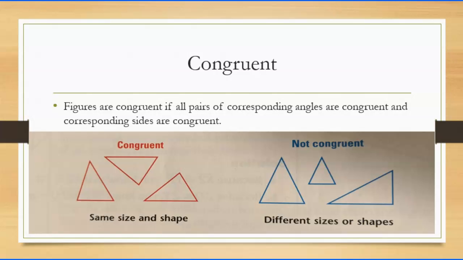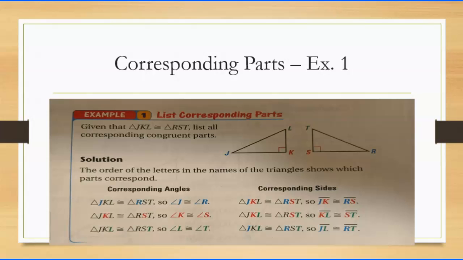Now, if you look down at the bottom of that page, example number 1, I've included it in the PowerPoint. Here's where I want to point out a first very important rule, because from now on the way that you name your triangles is going to be important. You can't just haphazardly pick the 3 letters and put them in any random order.